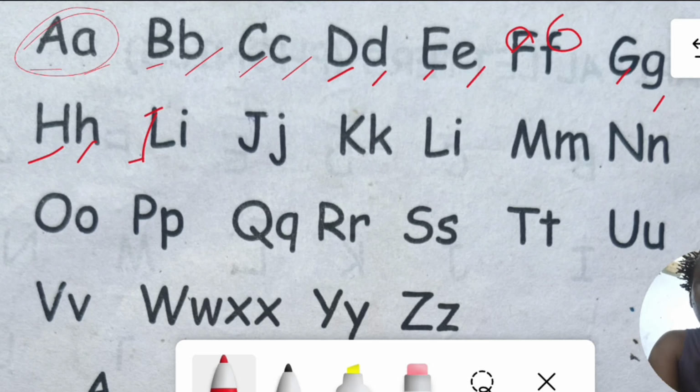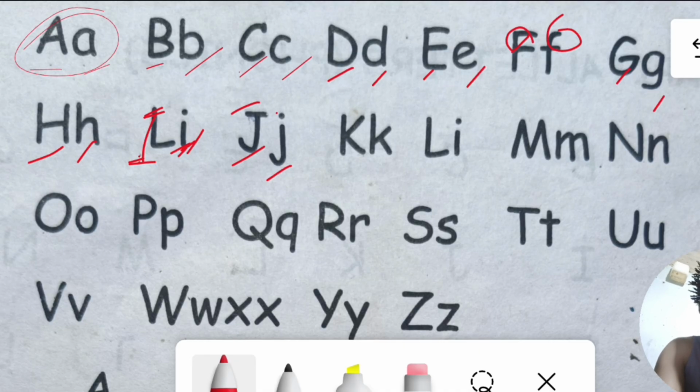Yes, this is capital I. And this one is small i, which is correct. It is indeed small i. And then capital J and small j, they look the same, but small j has a dot on top and capital J has a cross on top.